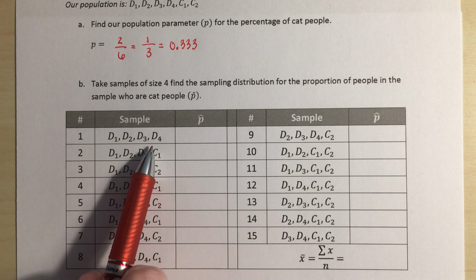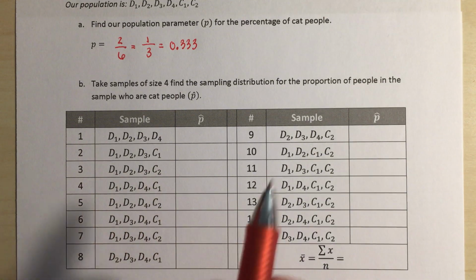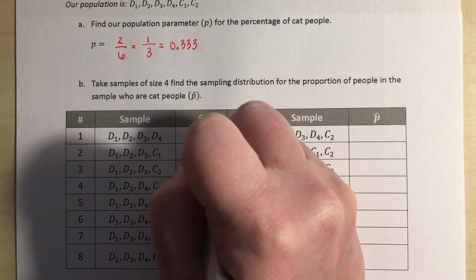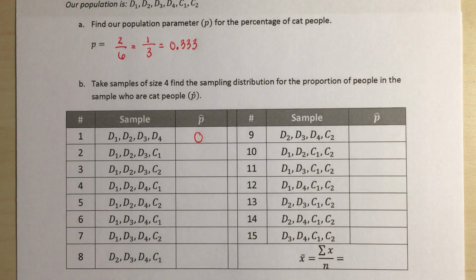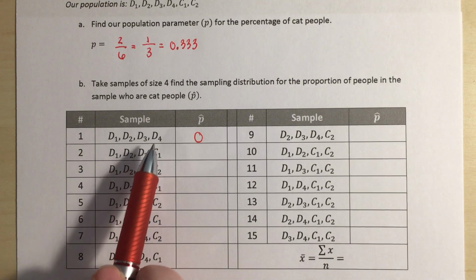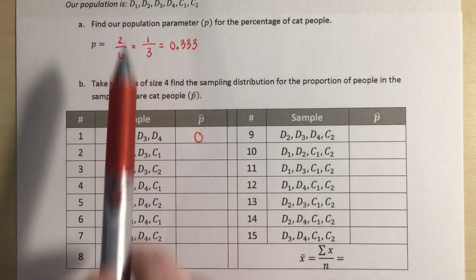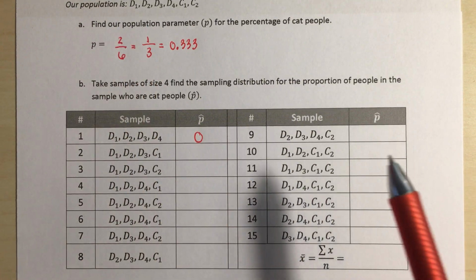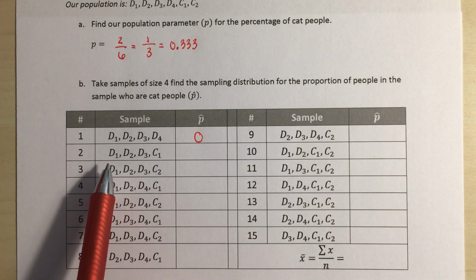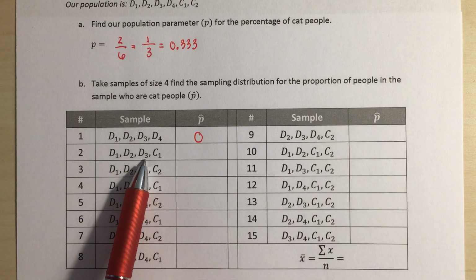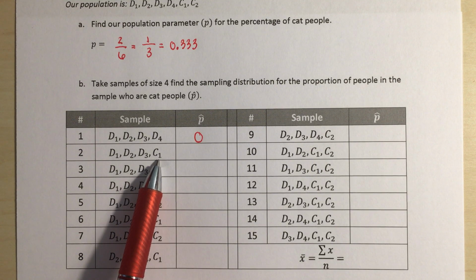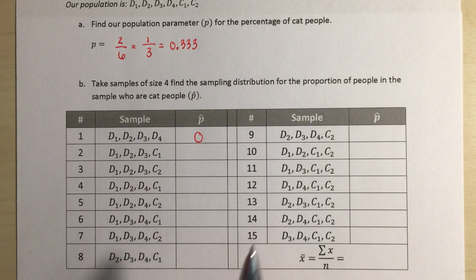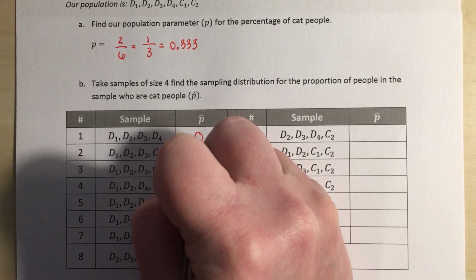If that's the case, our percentage of cat people is 0. Notice that we're using the p hat here because now we're looking at a sample of 4. Our population was 6, we have a sample of 4. In our second sample, we have D1, D2, D3, so 3 dog people and 1 cat person. 1 out of 4 gives us 0.25.